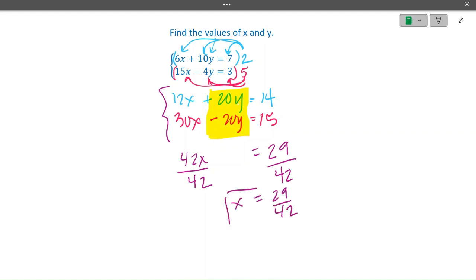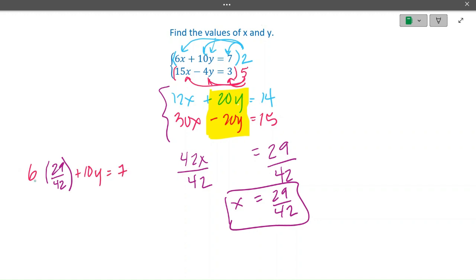That's fun. All right, so now we're going to pick one of these equations. I'm going to pick the top equation just because it's smaller. And I'm going to plug 29 divided by 42 in for x, and then I'm going to solve for y.